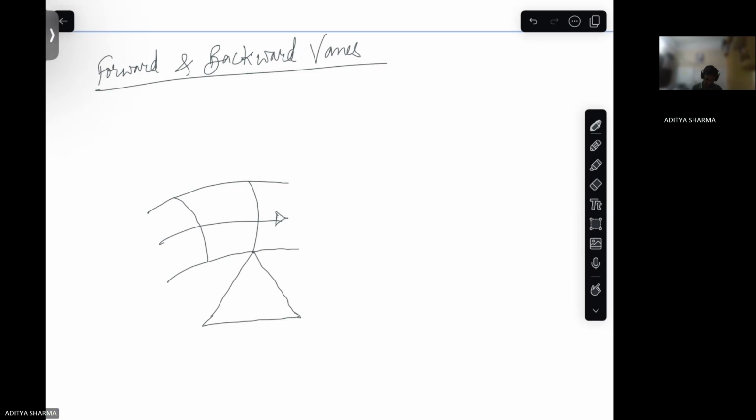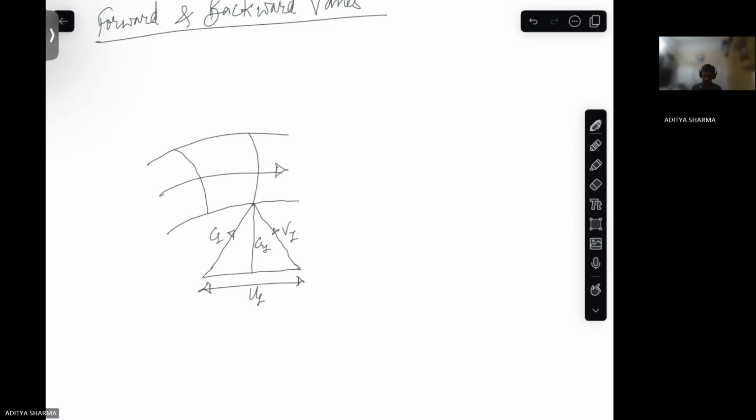So what this velocity diagram shows is that at inlet, you have this.